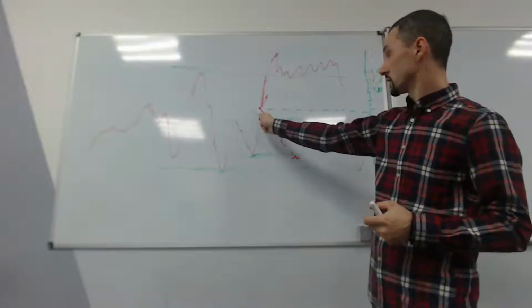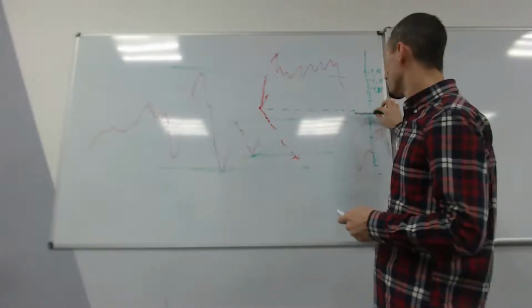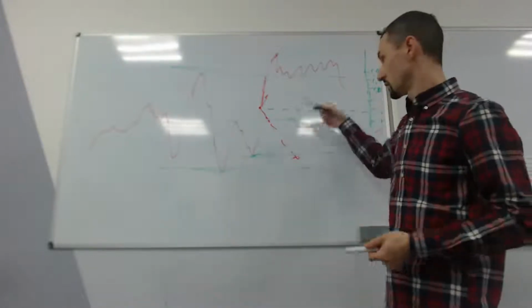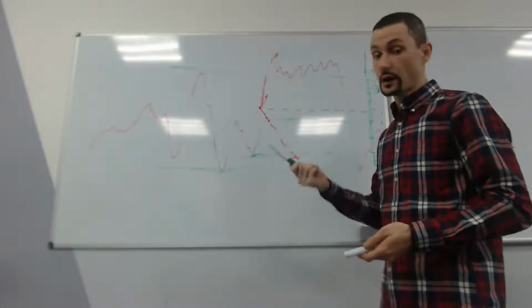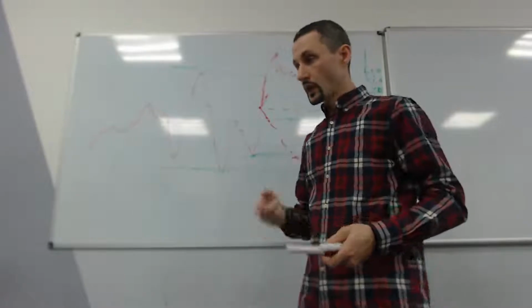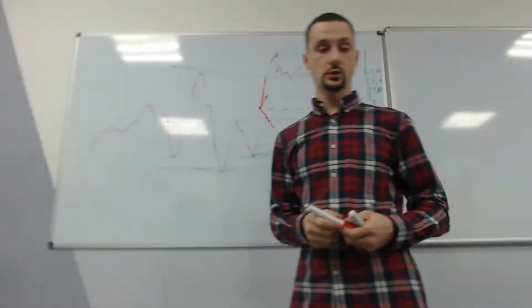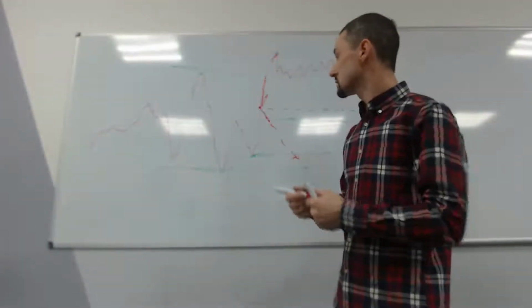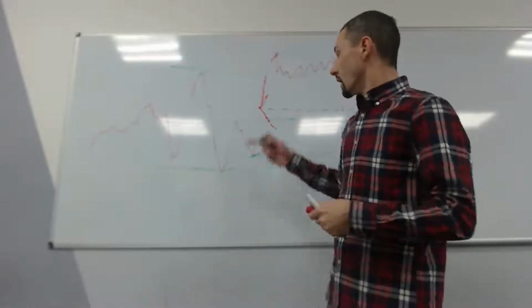And this point here, is it lower than the average price or higher? And how will it move? And that shows us the moving average, because what does it do?